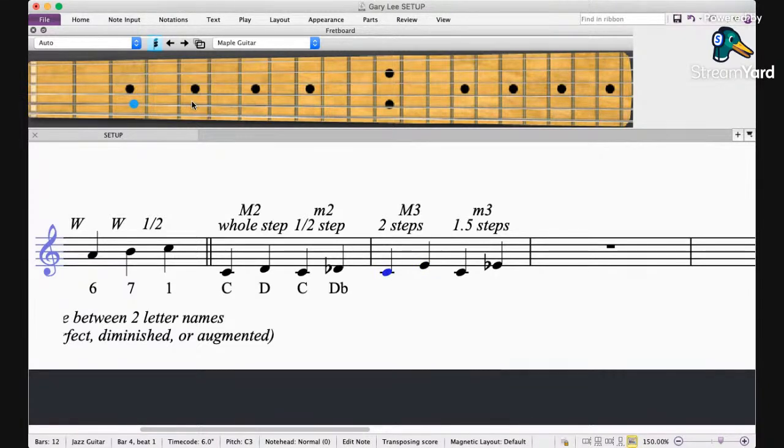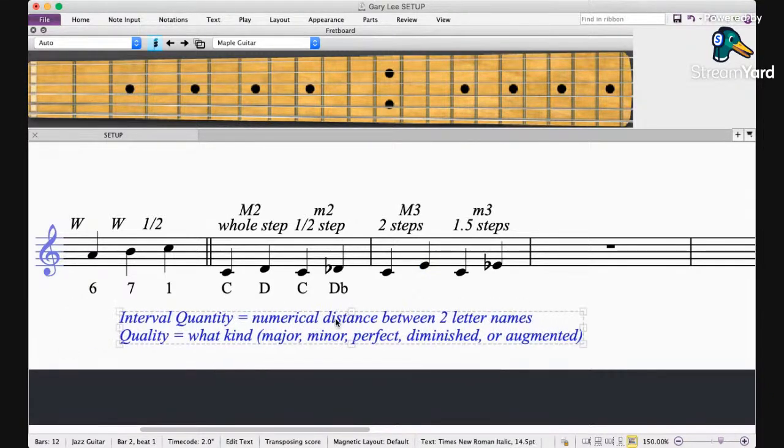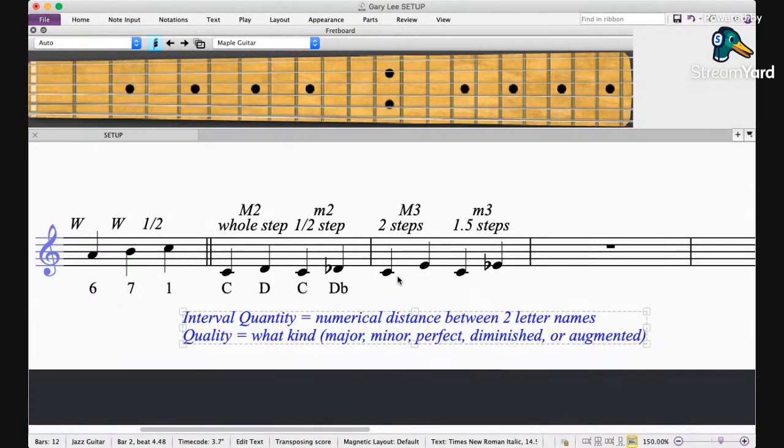Whole step number 1, whole step number 2. So a major third, 2 steps apart, minor third, 1.5 steps apart. And so the quantity would be a third. C to E is a third. And the quality is either major or minor.